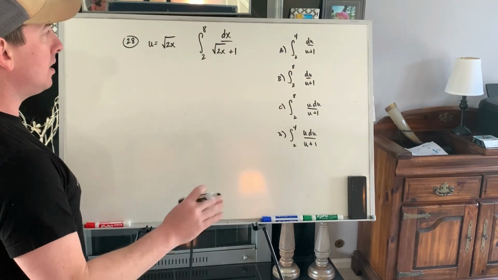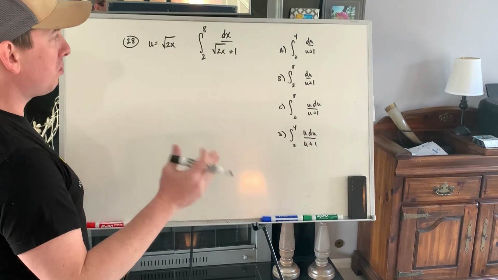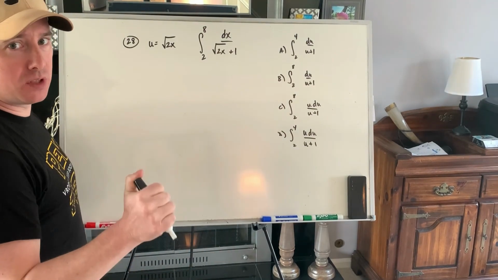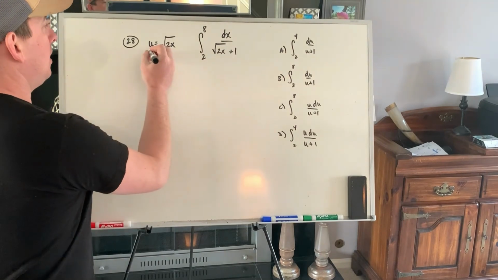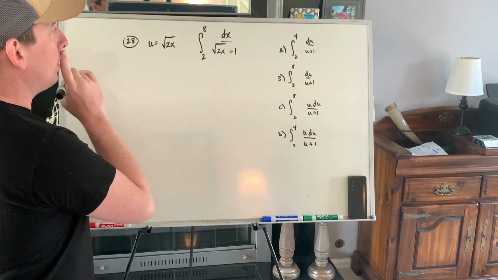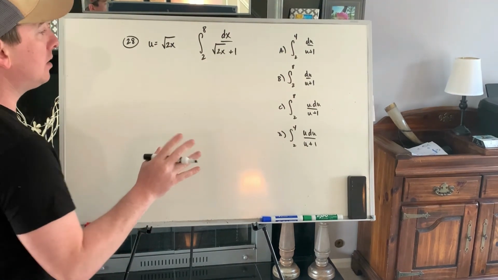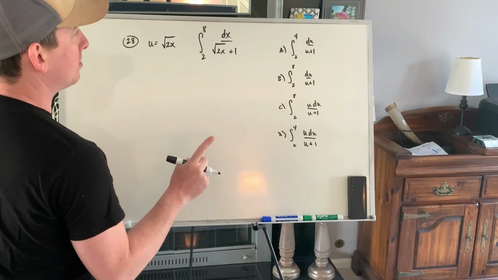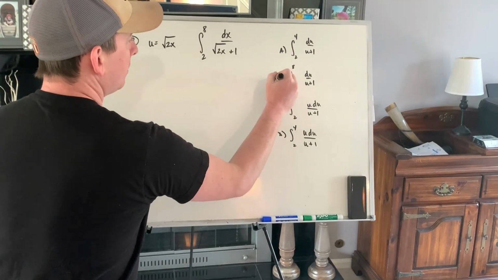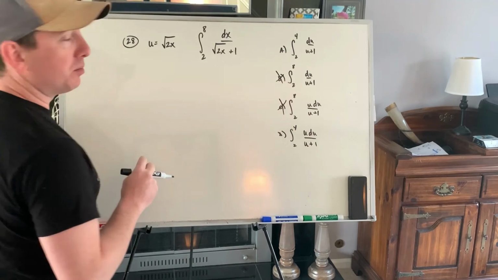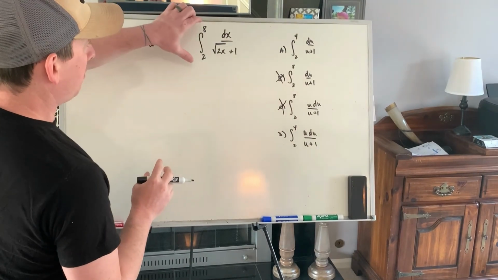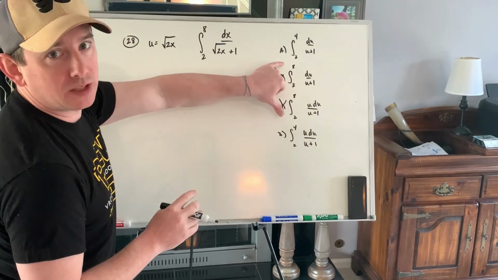Okay, 28 is a weird version of U substitution. It gets a little funky, and I'll show you where. But hopefully you at least whittled this down to 2 possible answers. If I'm doing U substitution, my bounds are going to have to change. Please don't forget to change your bounds.